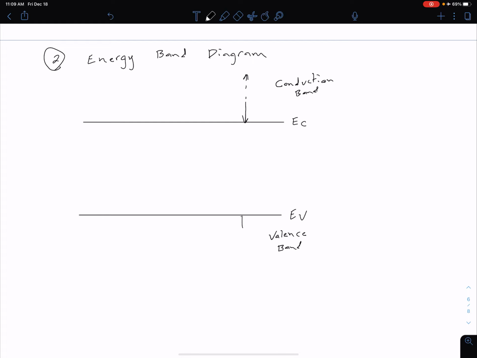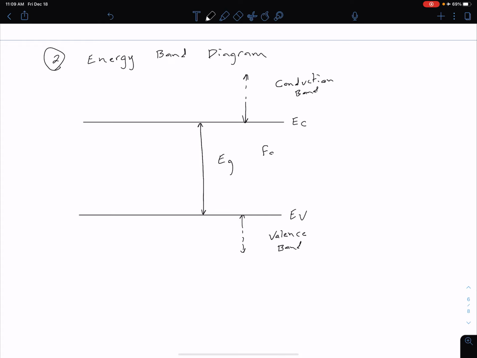So our valence band goes from EV down to the lowest energies, getting closer and closer to the nucleus of our atom. The difference between these two levels is called our band gap. So between here and here, we have our band gap energy, which is Eg.